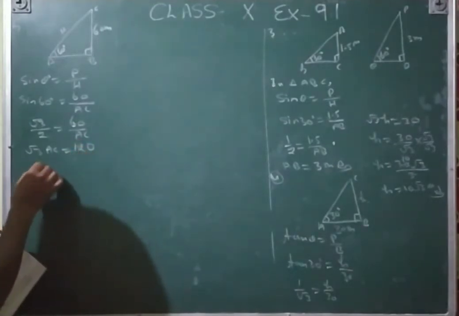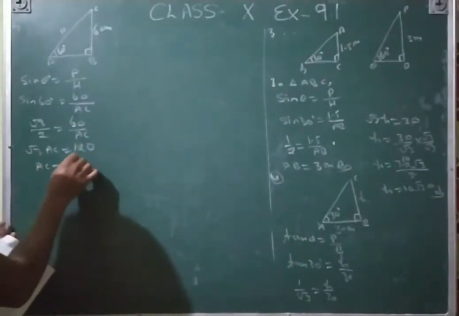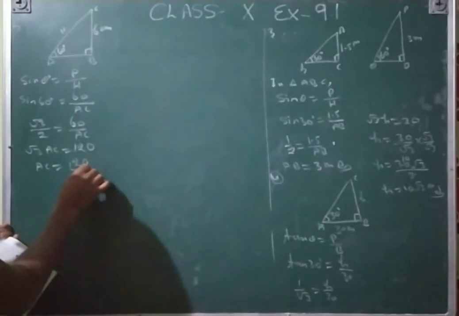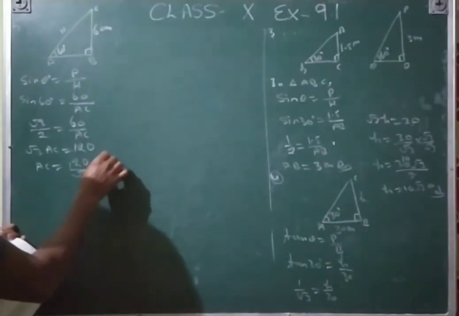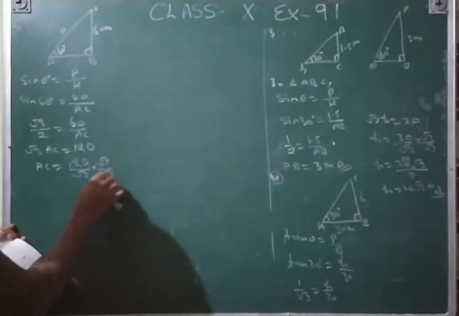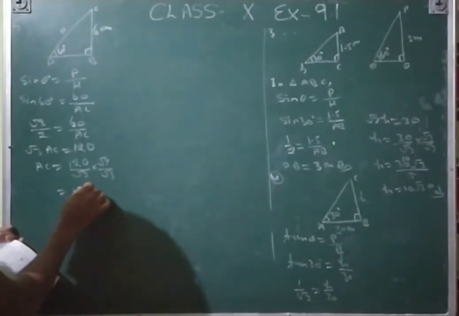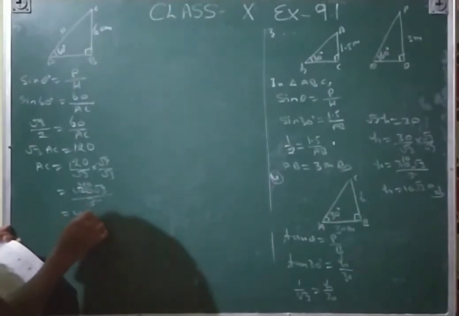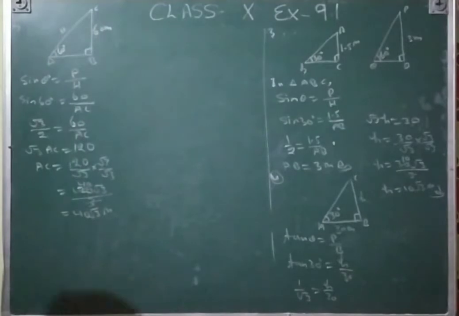And then AC is equal to 120 upon root 3. By rationalization of the denominator, that will be 120 root 3 upon 3. So 3 times 40 is 120, that is 40 root 3 meters. This is the length of the string.